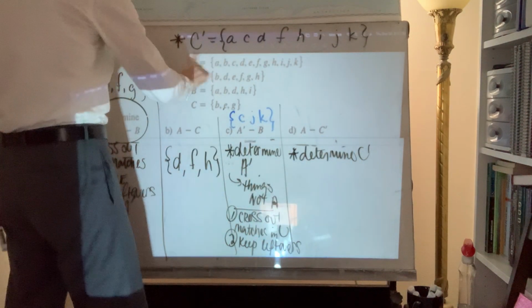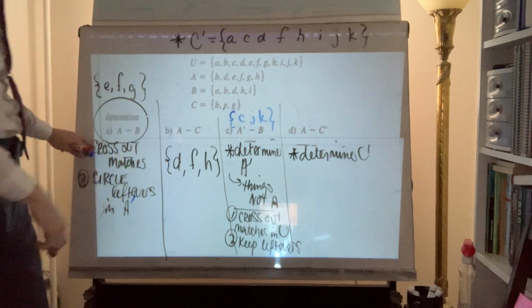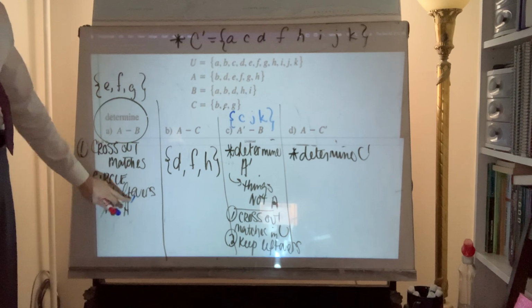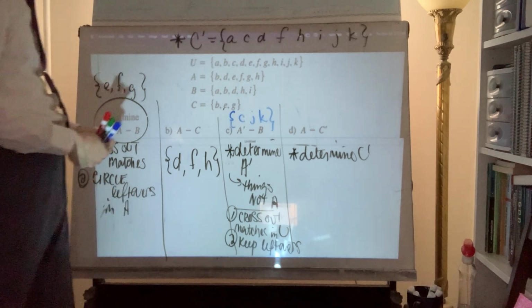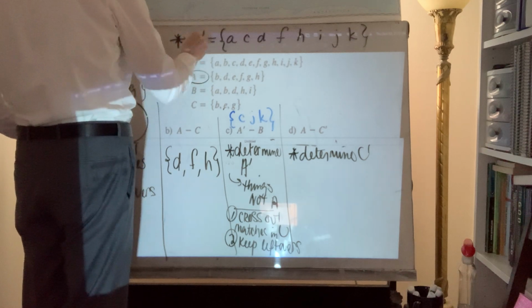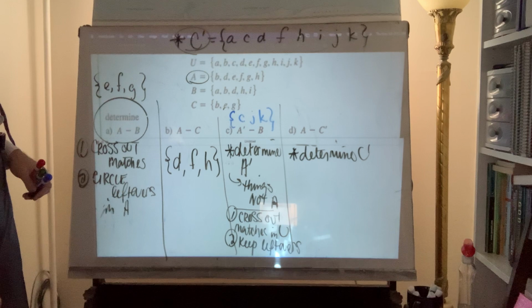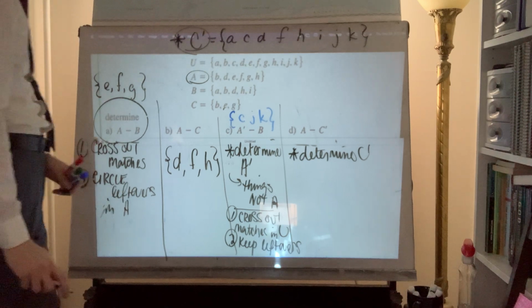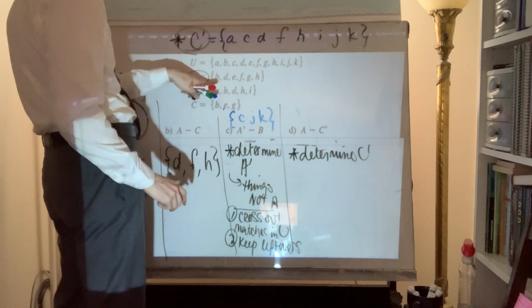And now, again, from the perspective of A written first, we're going to cross out the matches and then circle the things that are, in this case, left over in A. So zero in on these two things. B is okay.